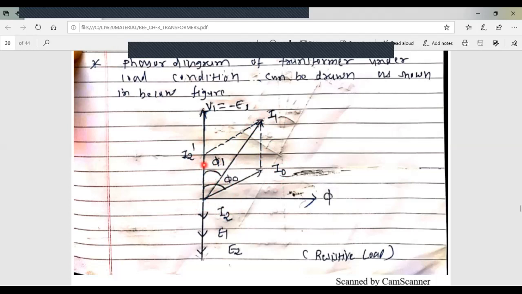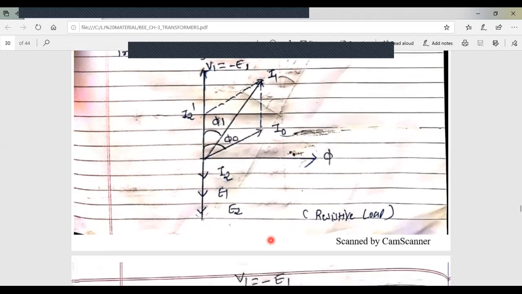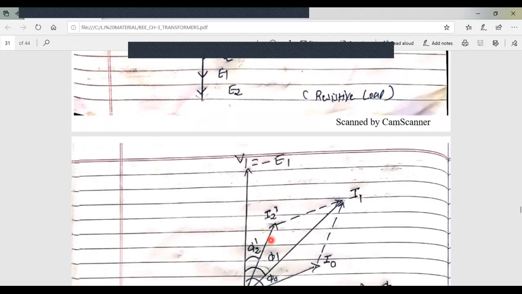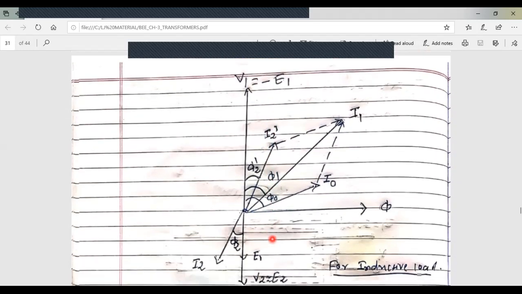So first of all, in resistive load, we know that current I2 is in phase with V2 or E2. That's why I2 is here. Okay, now see in the next diagram, when inductive load is there, first of all you have to draw this current I2.